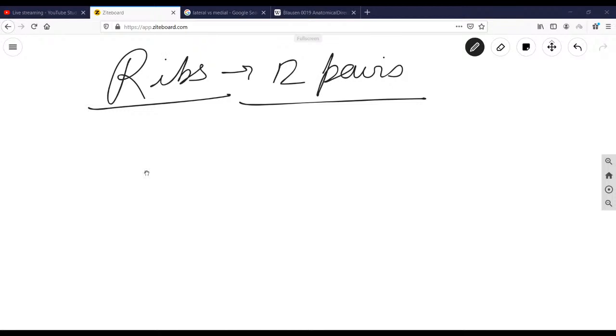We know that the first 7 pairs of ribs are known as true ribs. Why? That is the very basic question.